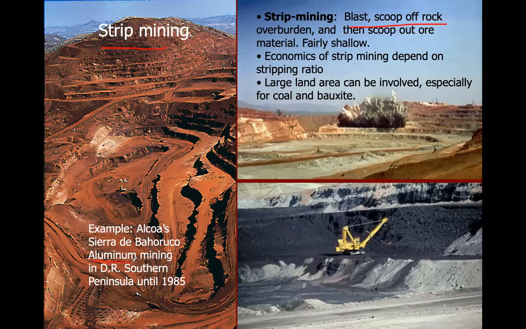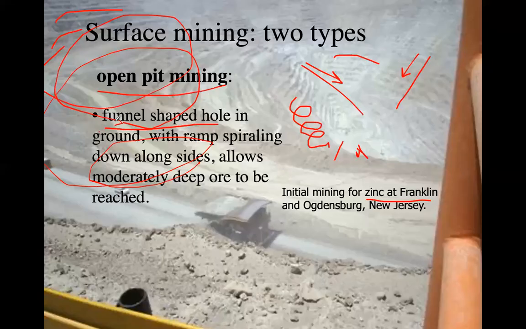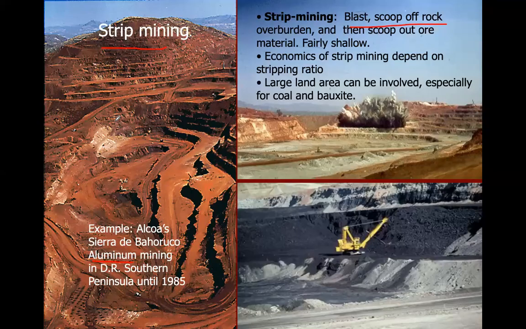So in the US, you see the strip mining is taking place, but it is open surface anyway. So it's not very deep. It's not going deep like in a funnel-like thing in the previous situation, right? It's shallow, but extensive. Large land area is involved.